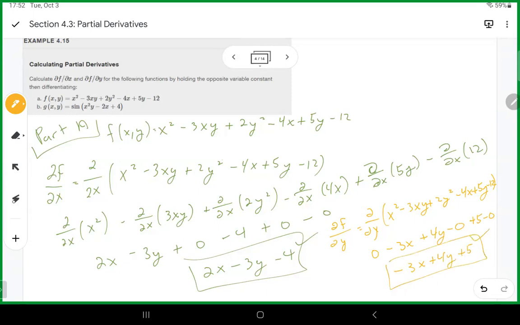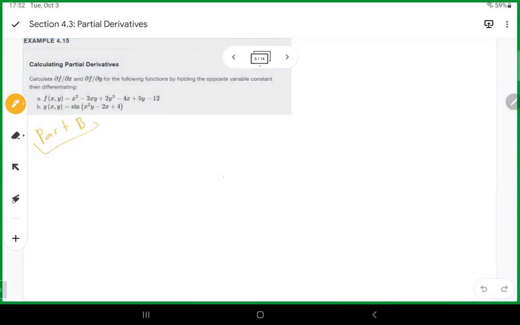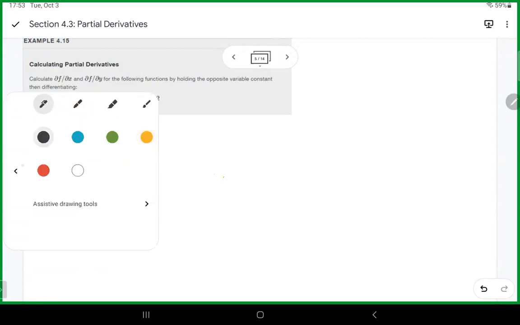All right. I'm going to go with a different color choice then.